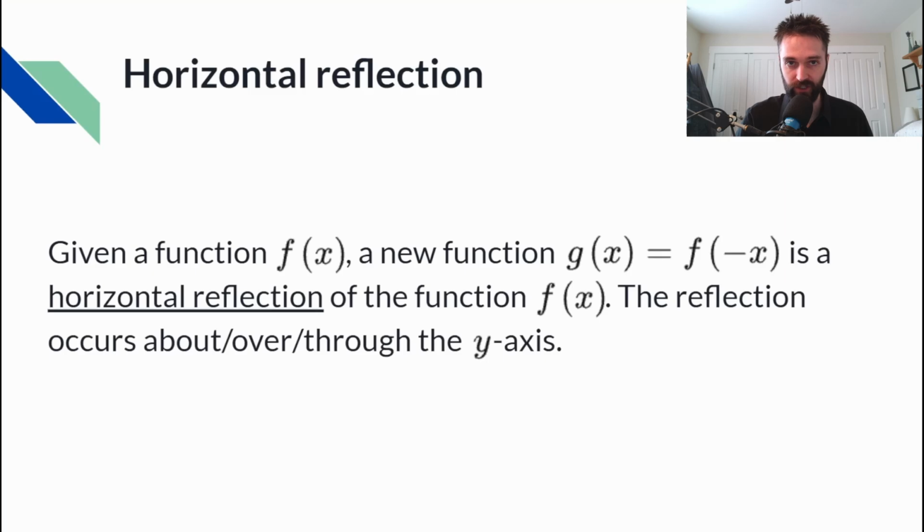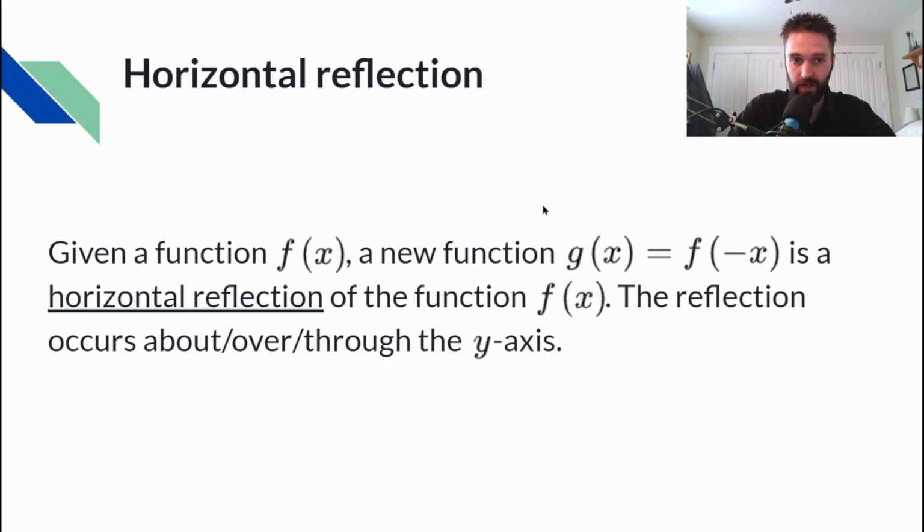A horizontal reflection is very similar. Given a function f of x, a new function g of x equals f of negative x is a horizontal reflection of the function f of x. The reflection occurs through the y-axis. So we imagine that the y-axis is the mirror, and our function is reflected through that.